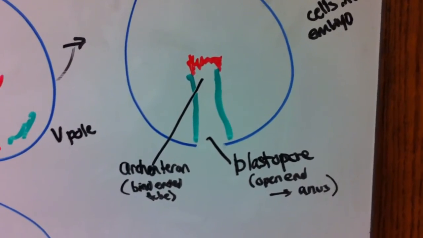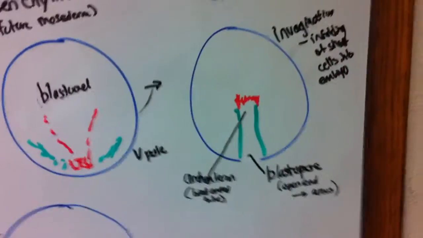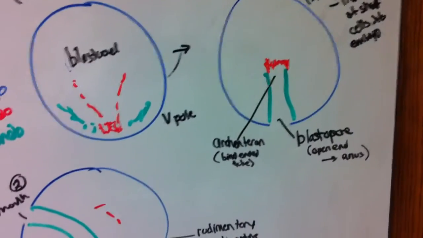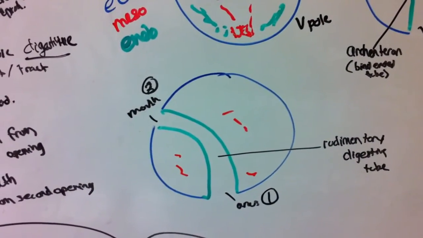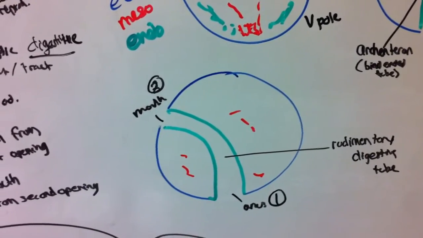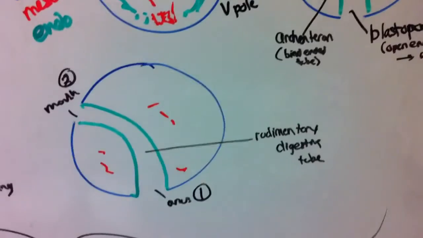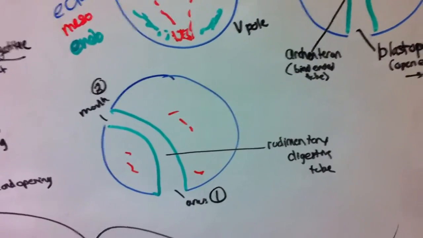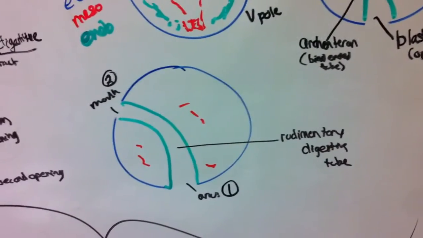And it's the open end that will eventually become the anus. Now, as we move further inward, we're going to eventually reach the ectoderm once more. Now, the opening at the ectoderm will become the mouth, and the first opening will become the anus. And from beginning to end, anus to mouth, that's going to be our rudimentary digestive tube.